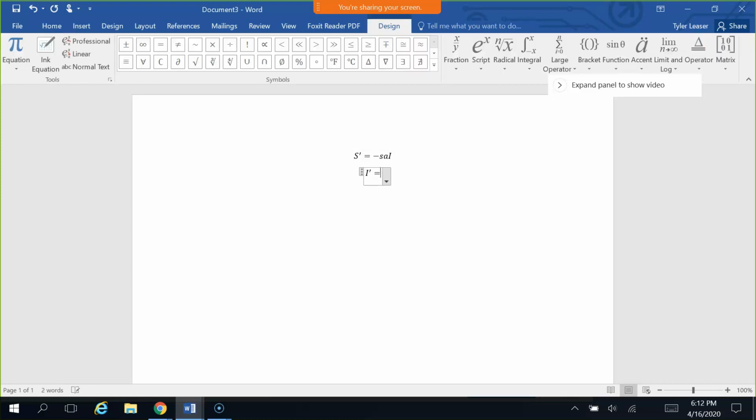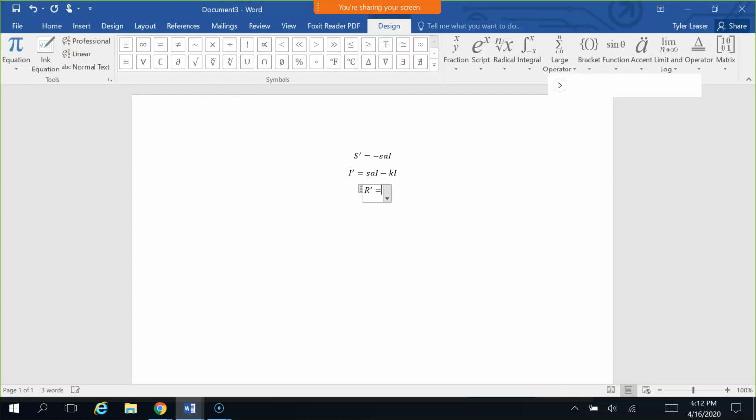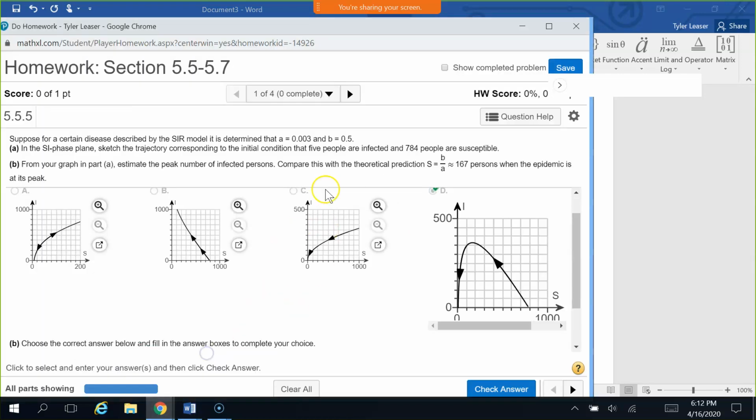I prime is SAI minus KI. R prime is just KI. So that B that they gave us in the question, I think they just write it a little bit funny. Oh, that's the K value, I think. I wrote it as K in the notes, but I think the B value is the K value that they have, the 1 over K value.